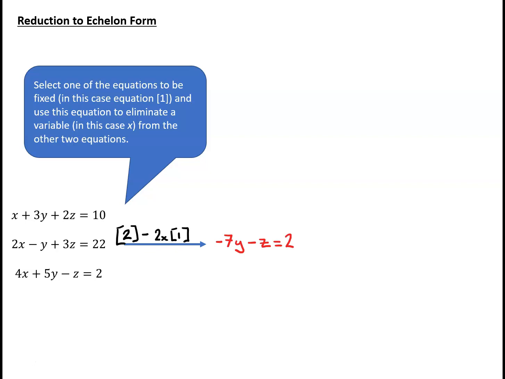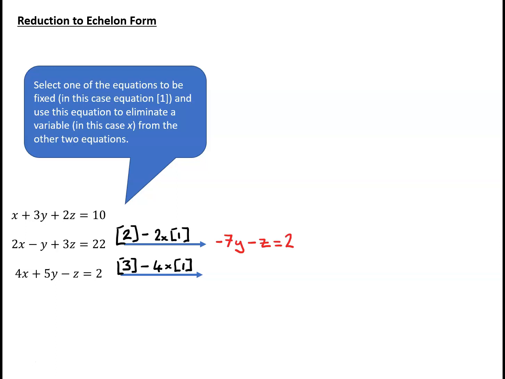To eliminate the x's from equation 3, I'm going to take equation 3 and subtract 4 times equation 1. So we're using equation 1 each time in this process of obtaining two equations in two unknowns. So we've got equation 3, take away 4 times equation 1. 4x, take away 4 lots of x, gives me no x. 5y, take away 4 times 3y, gives me minus 7y.